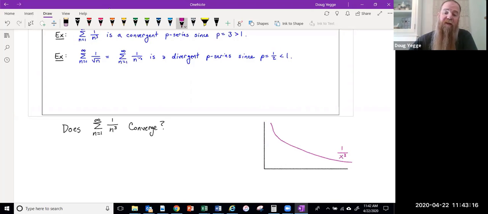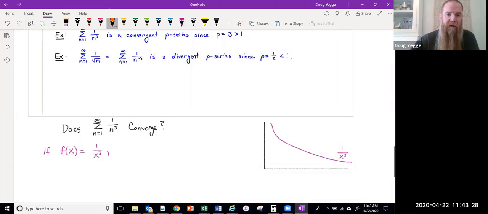Which means, because it satisfies the criteria that if f of x is equal to 1 over x cubed, then we could say that f is continuous, positive, and decreasing.